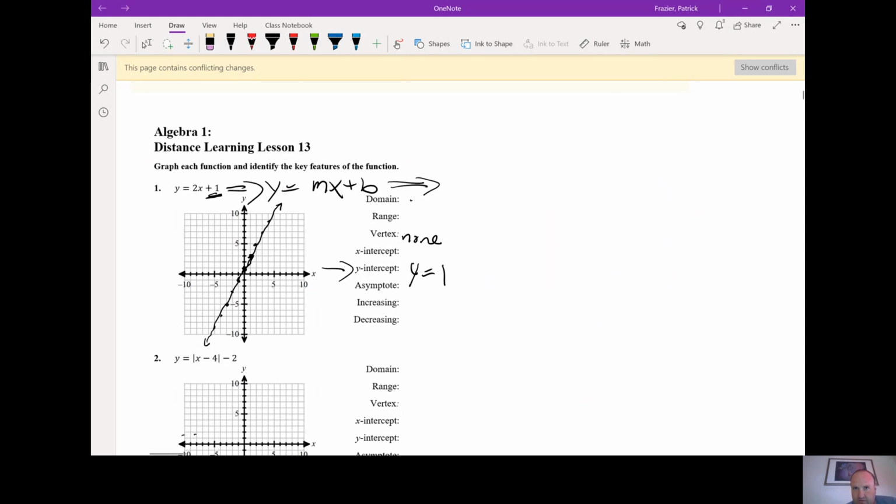How many blocks are you going to walk until you reach your friend's house? So for domain on this, we're moving from the left, going towards negative infinity on one side of the street. And as we move to the right, we're moving towards positive infinity, but there's no restriction in either direction. So we can safely say that x equals all real numbers.